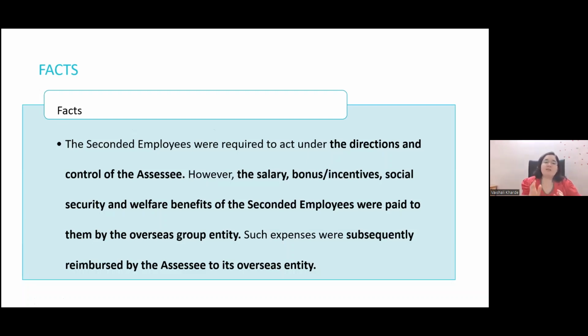So whatever the direction and control is with India. However, the salary, bonus and incentive or any social security or welfare benefits of the seconded employees were paid by the overseas group company. But the direction and control is with the assessee. Then such expenses are reimbursed by the Indian company to the foreign company or the overseas entity.